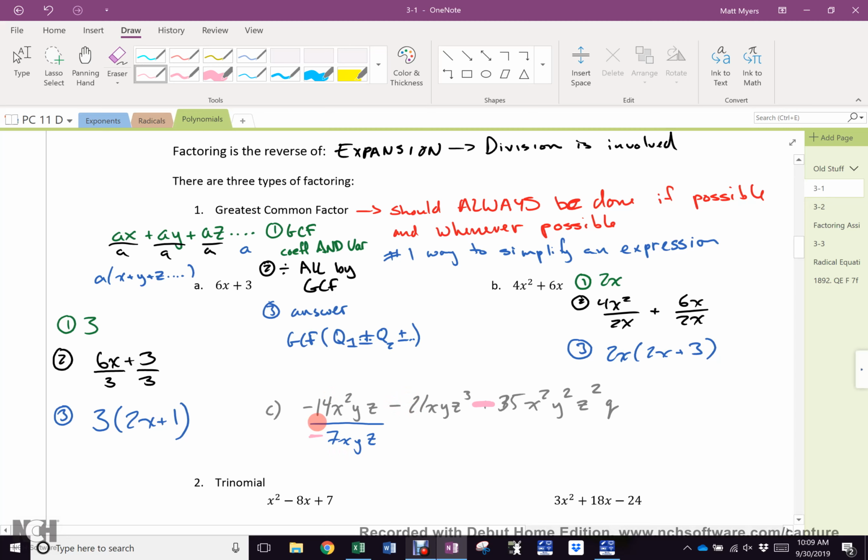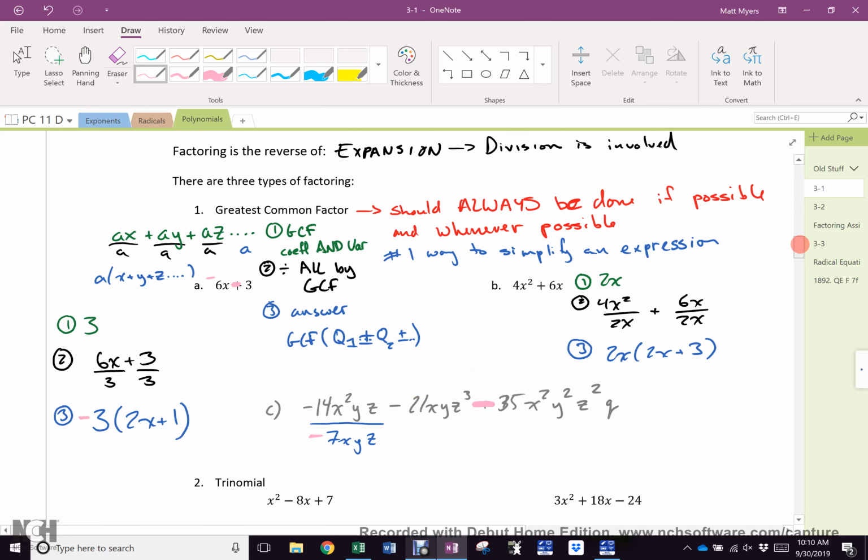Is everybody cool with that? So if I change this very first one to negative 6 minus 3, what would this be? Negative. And what would this be? Or this would be the same. Is everybody good? It's just something to remember that we can always take out negative 1 to change what we're dealing with. Everybody okay?